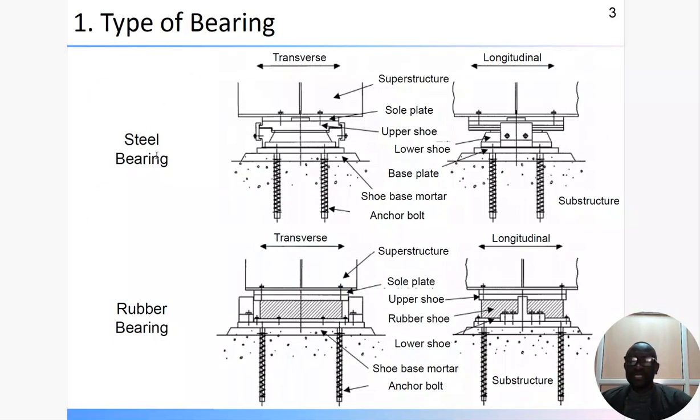If you look at the steel bearing, you can see how this demonstrates the transverse detail. This is the superstructure, it could be a girder. This is a girder here. You have a sole plate, an upper shoe, the shoe base mortar, and then you have the anchor.